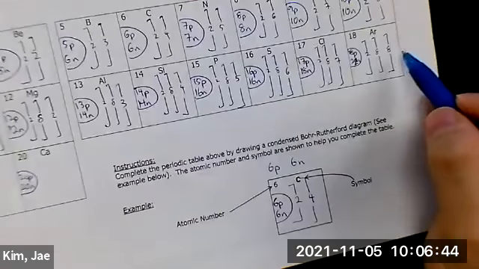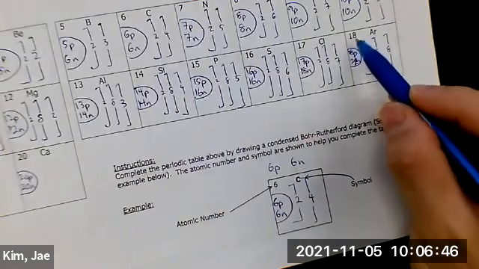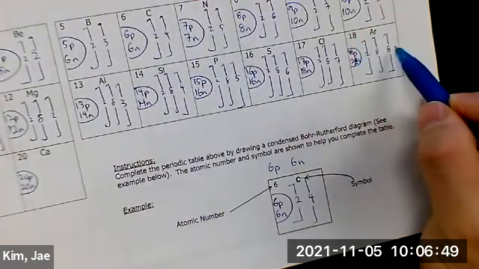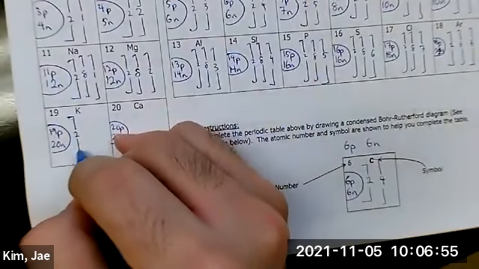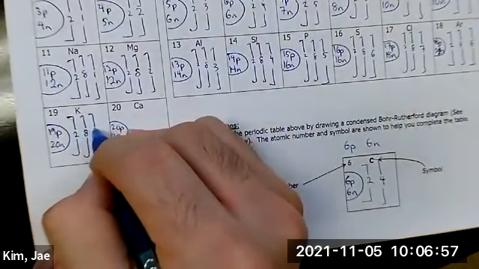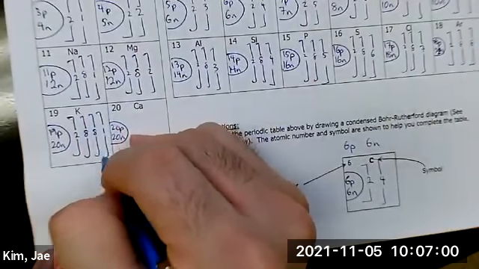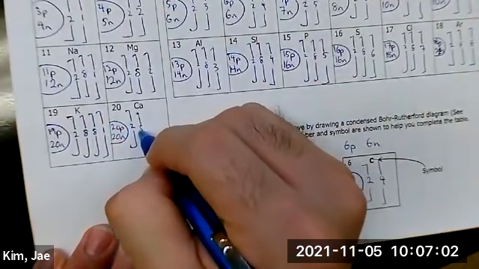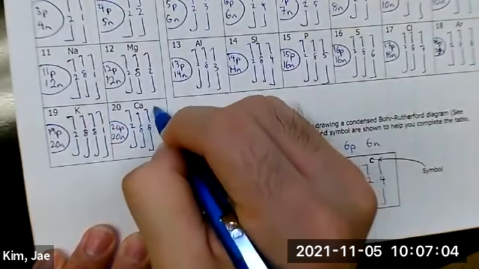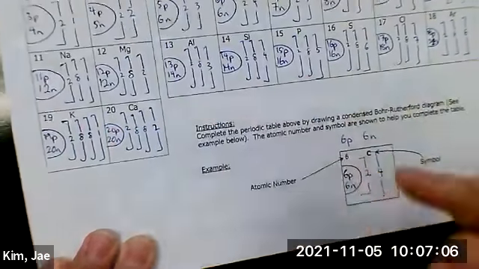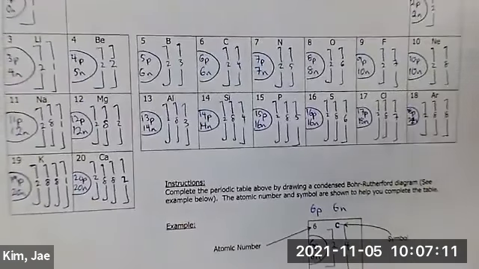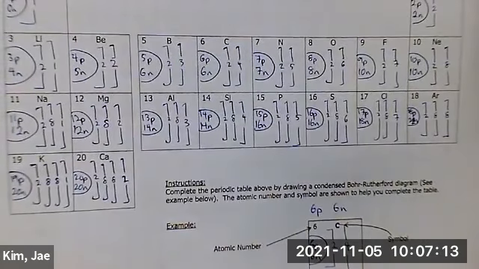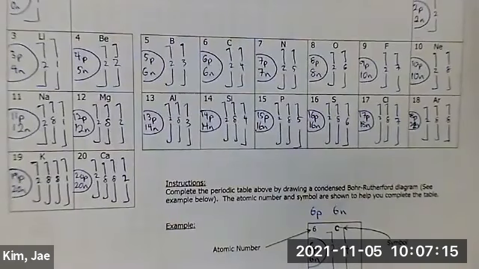Lastly, now I have 18 electrons to match the 18 protons. I want to add one more, but there's no space in that third shell right now. And so we have no choice but to move on to the next one. That's a 2, 8, 8, and 2. This is what I meant by drawing it really, really fast. So pause the video and see if you can fill that in before moving on.